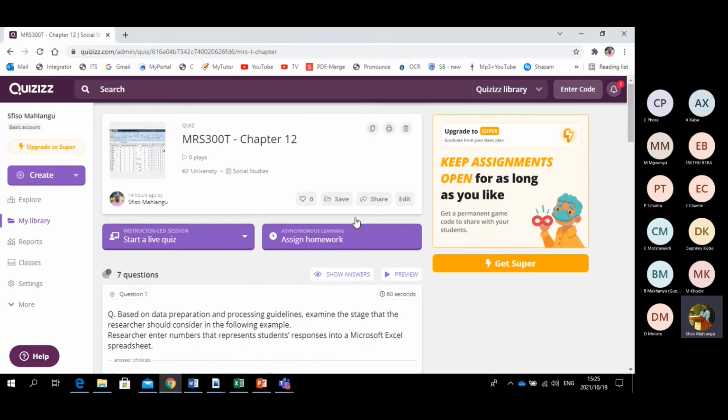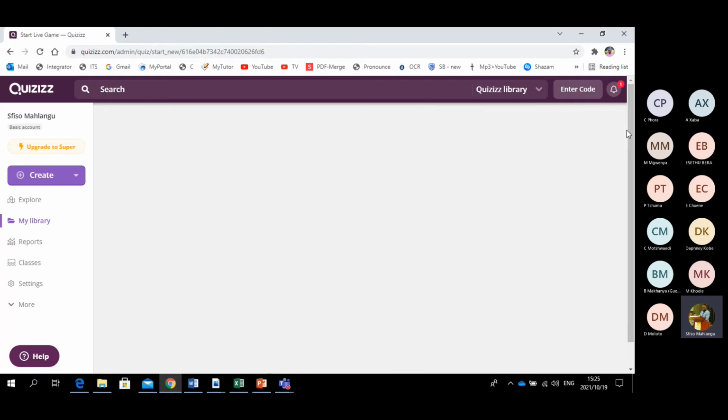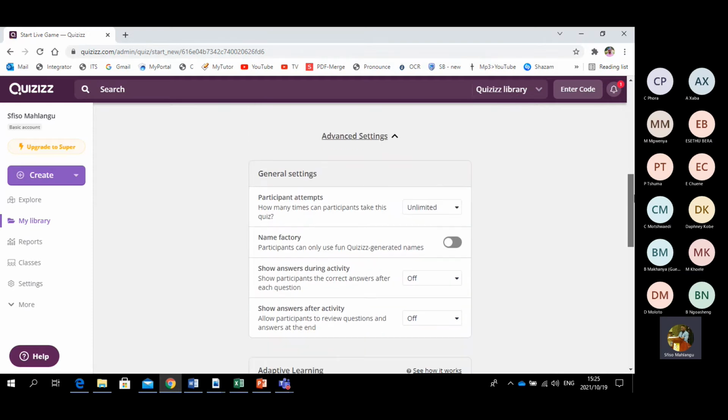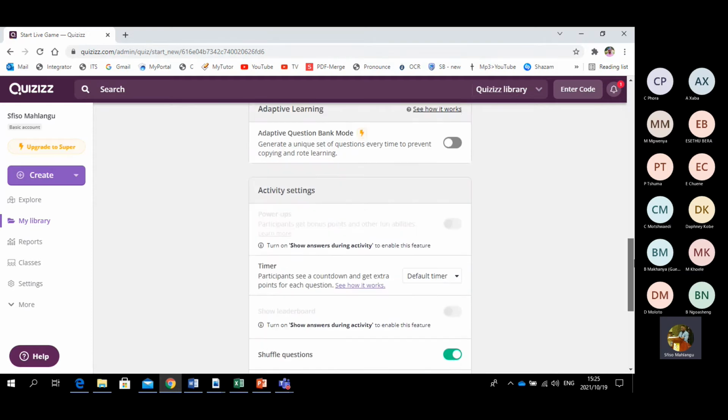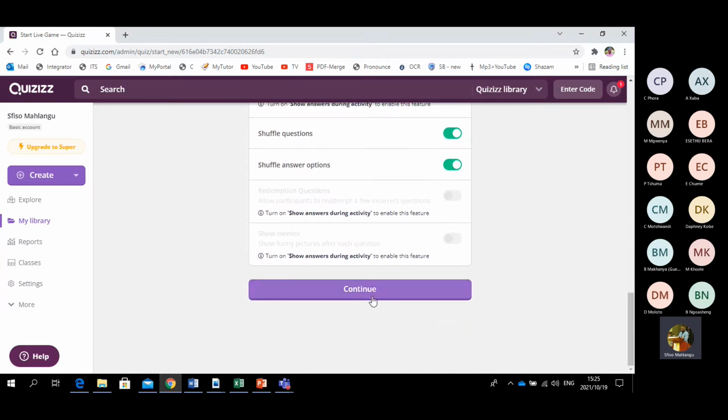So while you play the game, try and have a glance at the overall board and see whether you are doing great or not. What's your score compared to the other students' scores? Use any nickname that you like there.